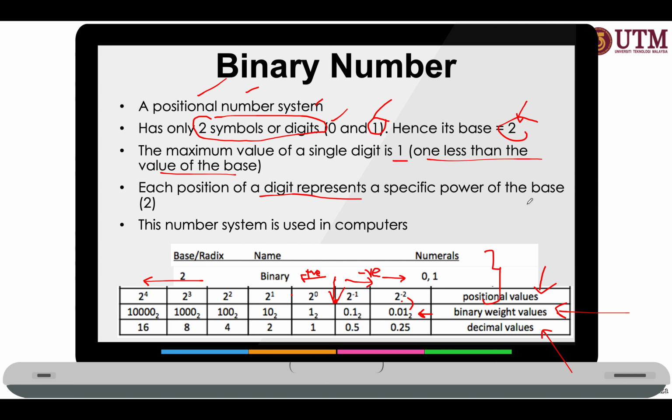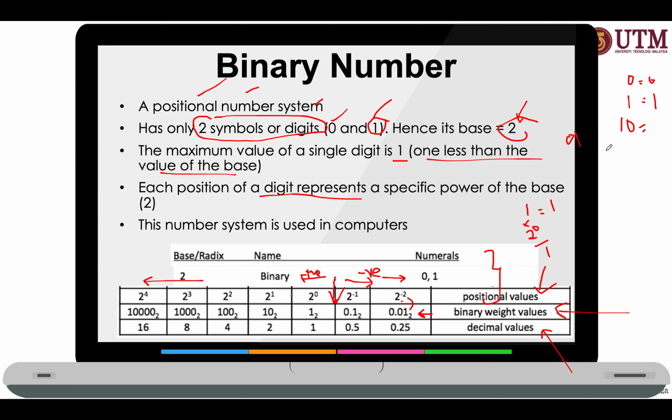If let's say you have 1, this is of course 1 times to the power of 0, you get 1, and then the answer should be 1. Let's say, because you have 0 and 1 only, you have 1, 0.